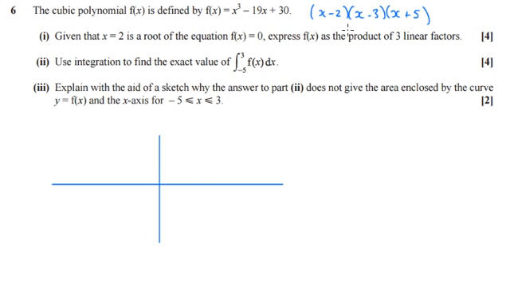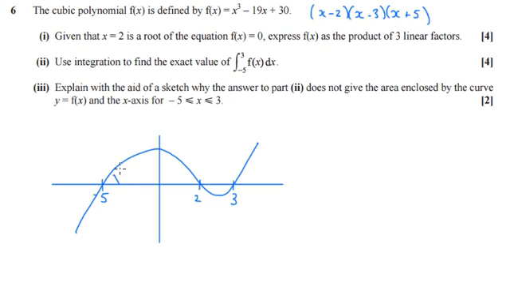which would have two roots at 2 and 3 and another root at -5, it's a positive cubic, so it's going to look something like this. And the question is, why is the answer to part 2 not the total area between -5 and 3?